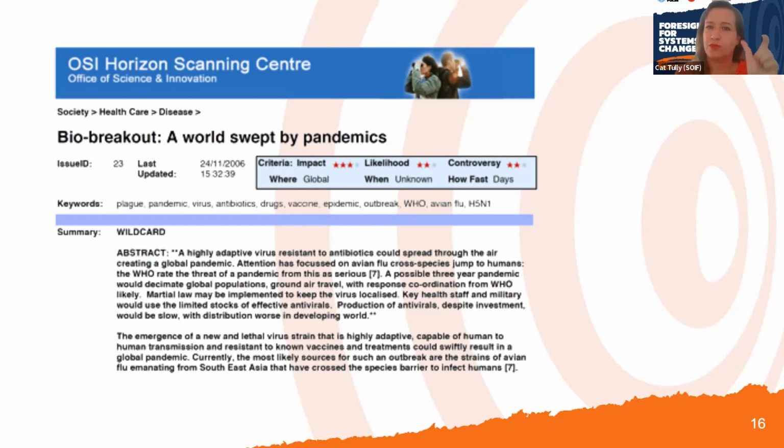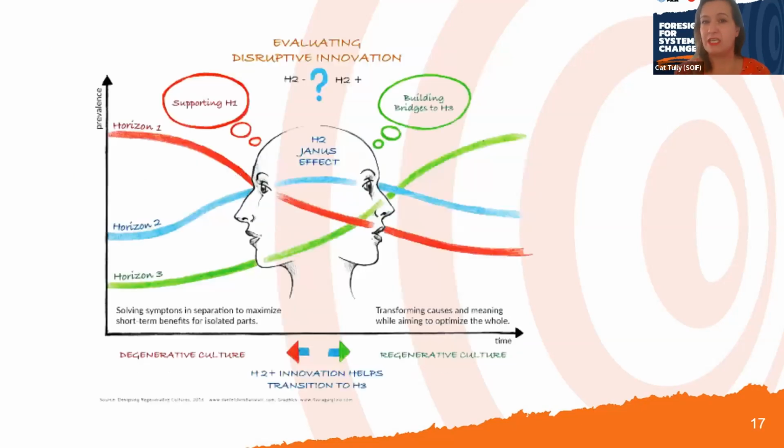So the question is, how do you ensure that the quality Foresight work that you do really creates change? We're often in the middle of Horizon 3 and Horizon 1 as Foresight actors, bridging the gap between the present, the past, and the future, just as the futures triangle was talking about.